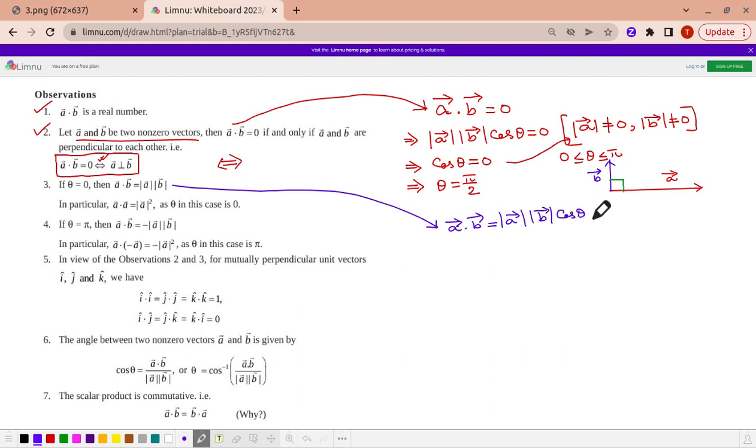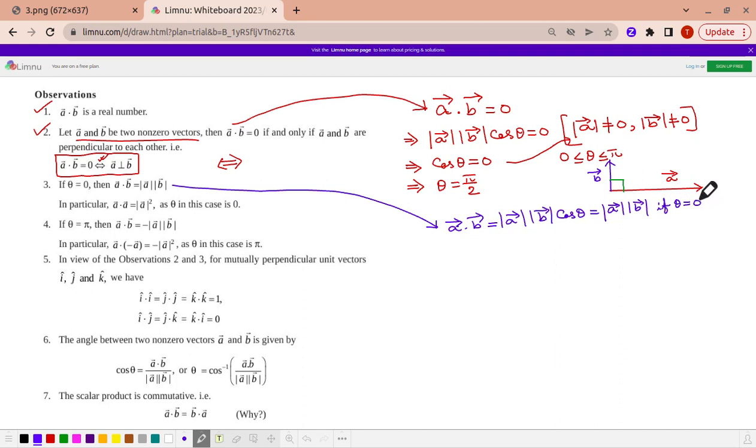Now if theta equals 0, then what is the value of cos 0? We know the value of cos 0 is equal to 1. So that will become mod A into mod B, if theta equals 0, correct?